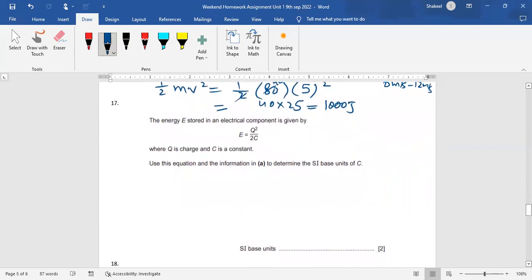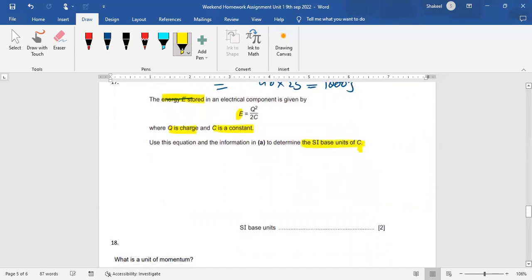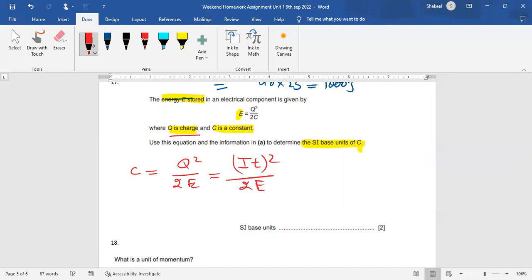Okay, so let's go to this one. Energy E is stored, Q is the charge, C is a constant. You have to tell what is the unit of constant C. Again, that's quite simple. You have to make C the subject. So it is Q square over 2E. And Q is the charge, which is IT. So IT square over 2E, and E is the energy. So it is like ampere second square, and then 2 has got no unit.